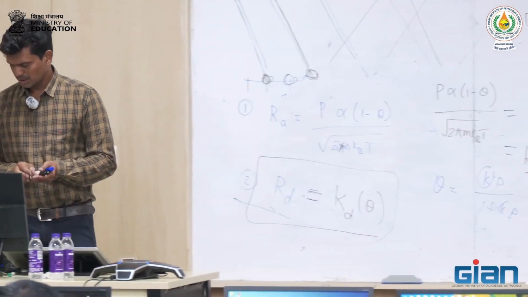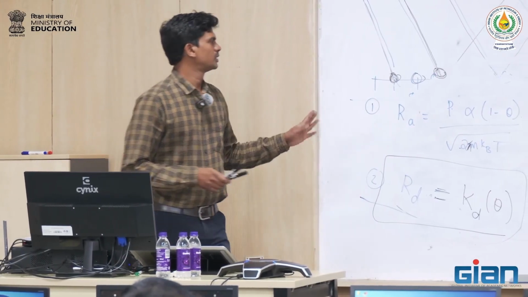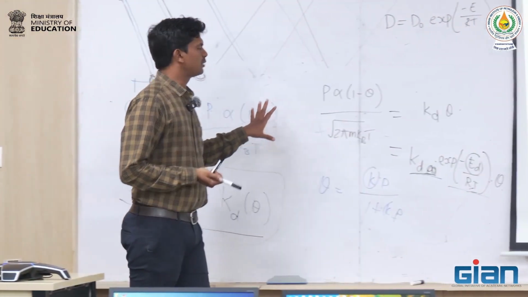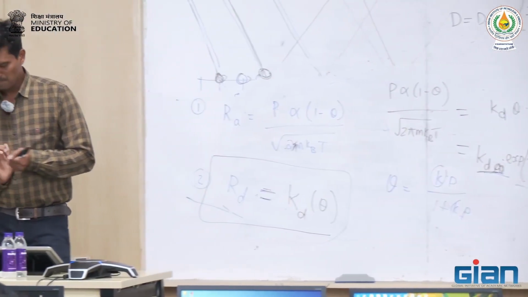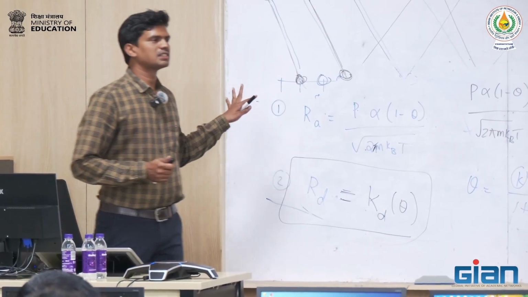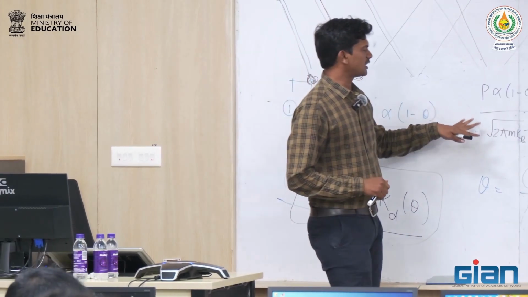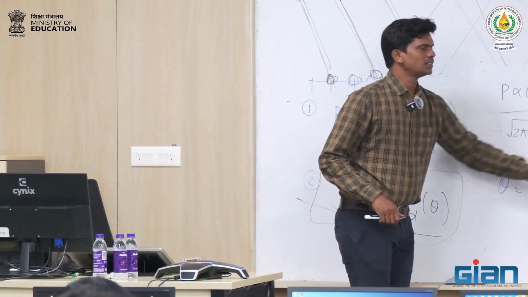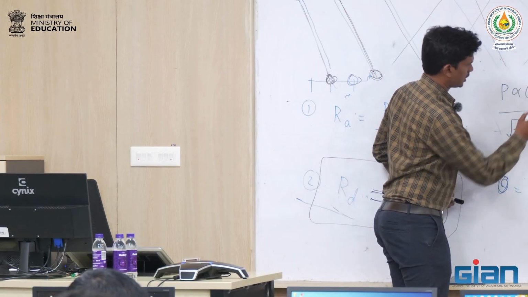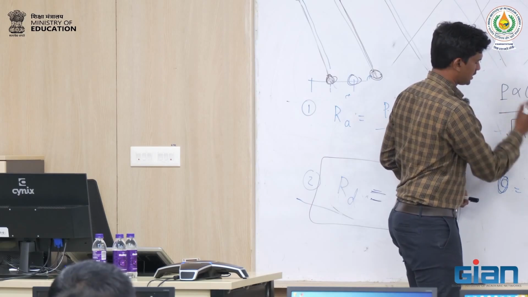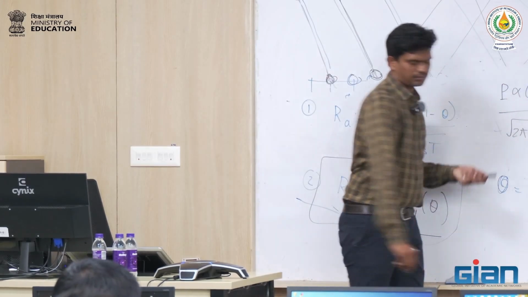So this is the fundamental basis for the Langmuir adsorption isotherm. Any questions here? What you just have to do is arrange everything into this form: you have theta here, and you have pressure here, and everything else is constant, which is K. That's it.